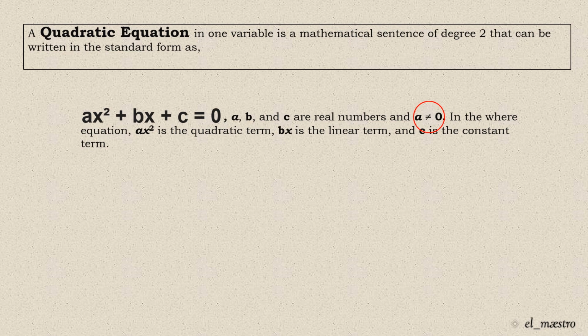Okay? Then, what else is in the quadratic equation? You have ax squared, which is your friend with two partners, and it is called the quadratic term. You also have a linear term, your friend with one partner, bx. So it is called the linear term.